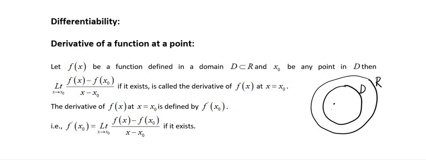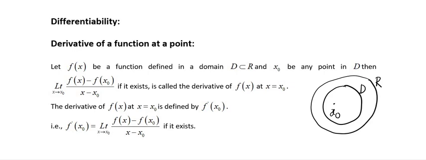Let x naught be any point in D. Then the limit as x tends to x naught of f of x minus f of x naught by x minus x naught, if it exists, that means if we get a finite and unique value for this limit, then we say that the limit value is called the derivative of f of x at x equal to x naught.